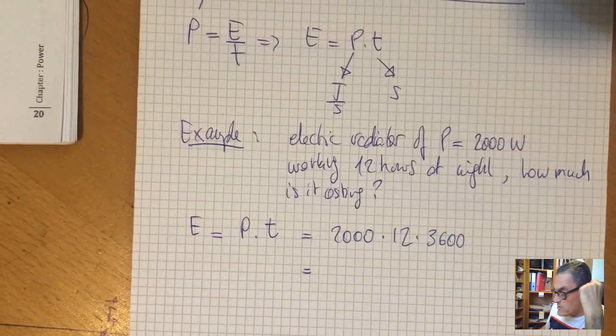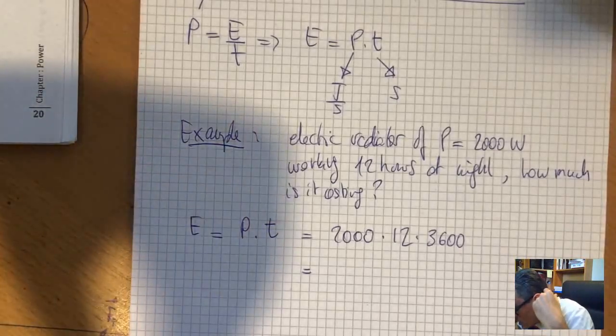So let's compute that. 2000 times 12 times 3600 is 86,400,000.